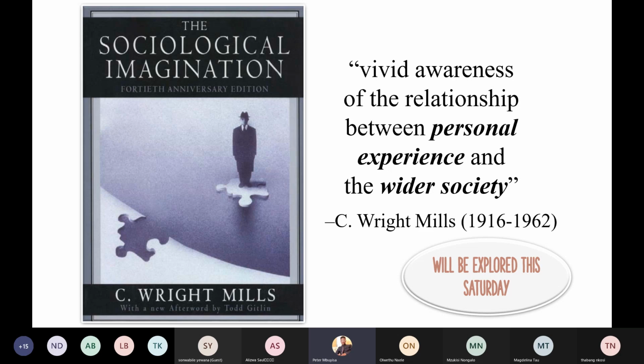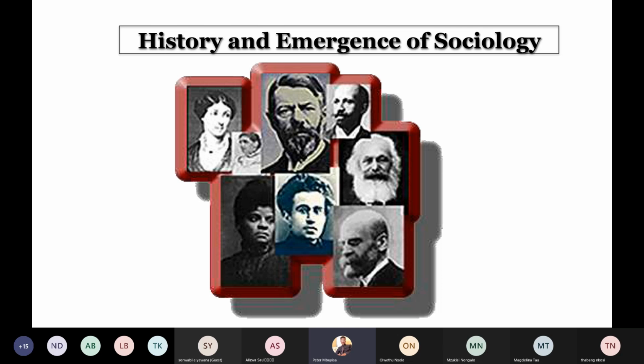So remember, guys, the sociological imagination is the work of our guy there, C. Wright Mills, and he made us really understand the best way to think in a sociologically acceptable manner. And since we are on C. Wright Mills, I think it's necessary for us to look at some brief history of the emergence of sociology.